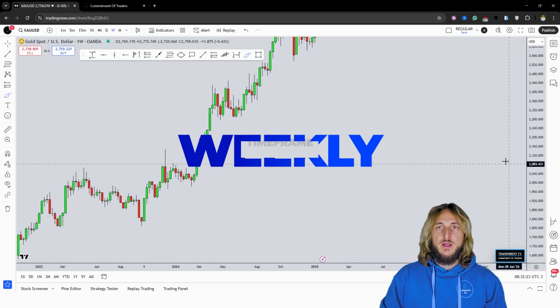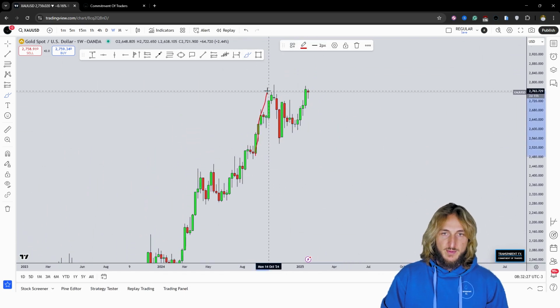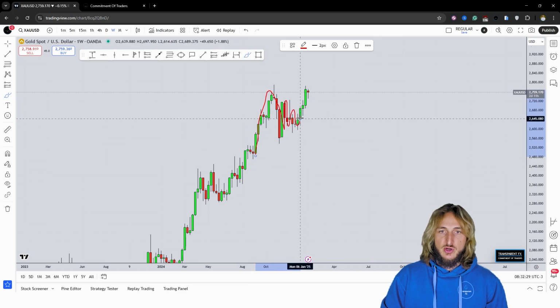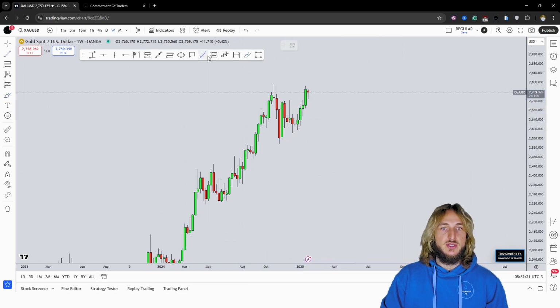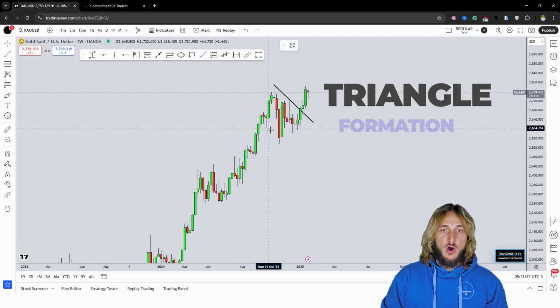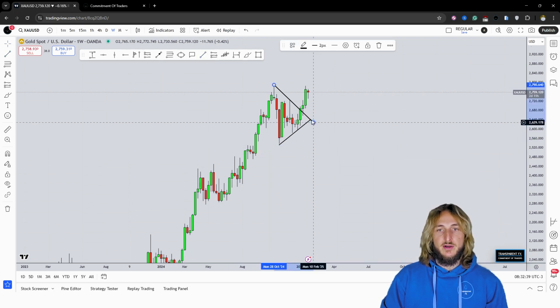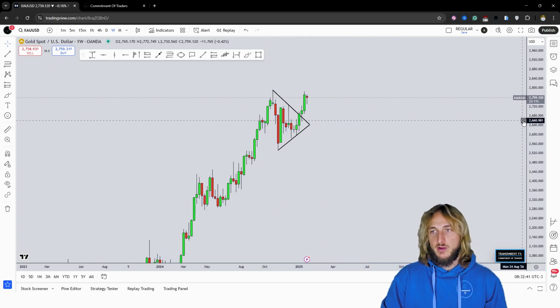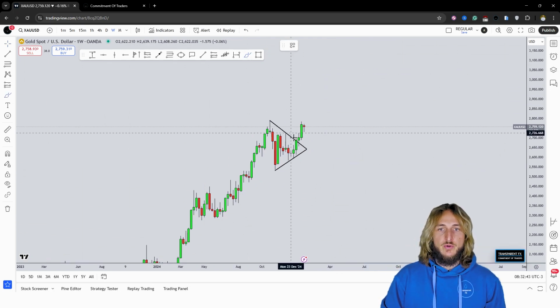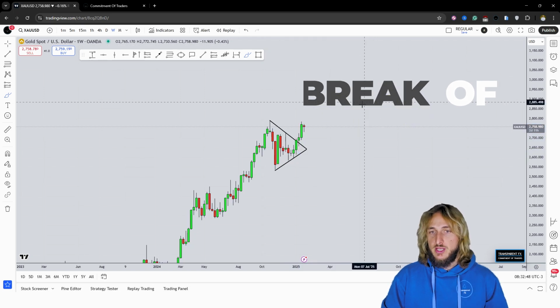Now, from a weekly perspective, the situation is quite clear as well. We had a very strong move to the upside. Then the market started consolidating, creating essentially this triangle formation in which we had both the creation of lower highs and at the same time also higher lows, which is exactly what that triangle formation is. And right now, we just got the breakout to the upside away from this consolidation area.